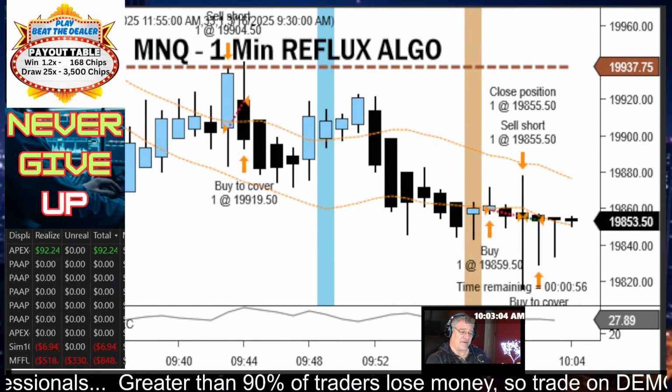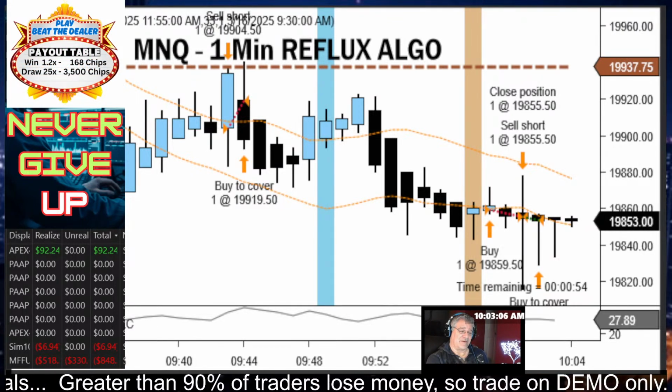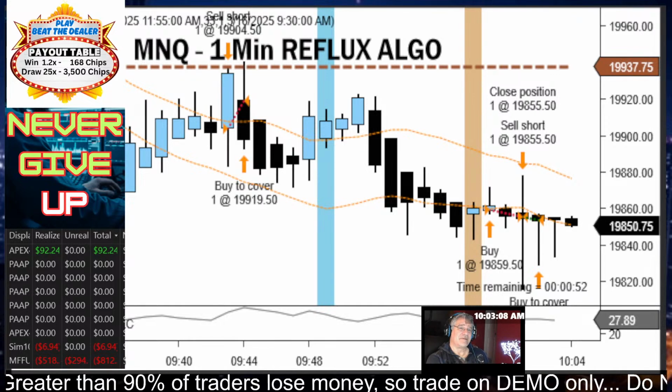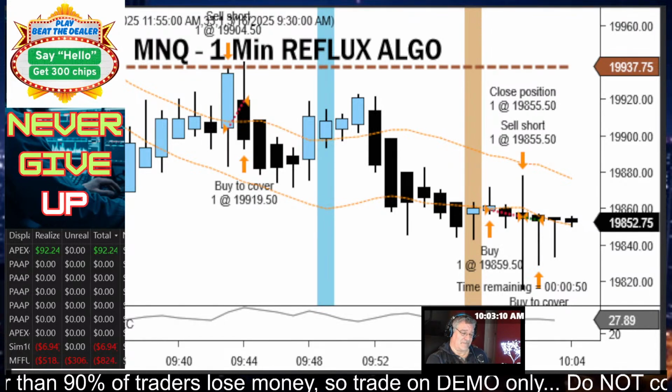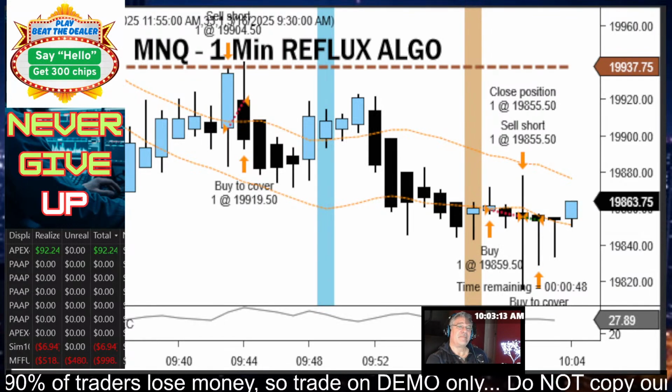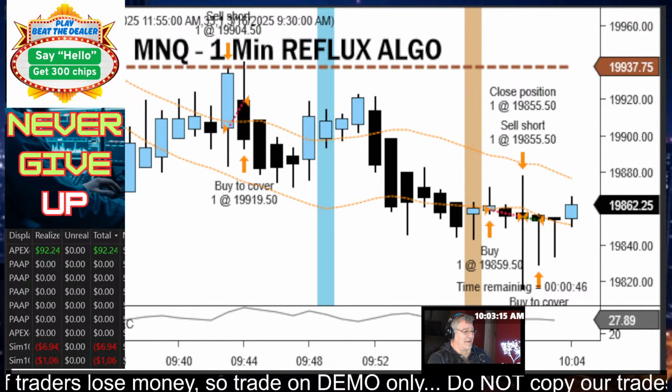Another inside bar. I got my finger on the close.